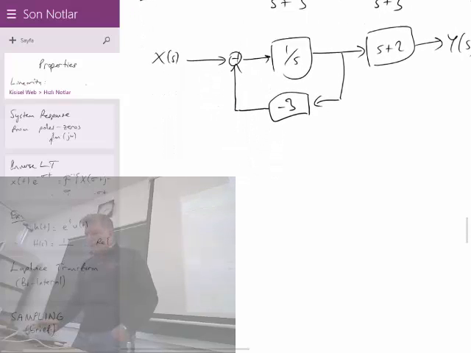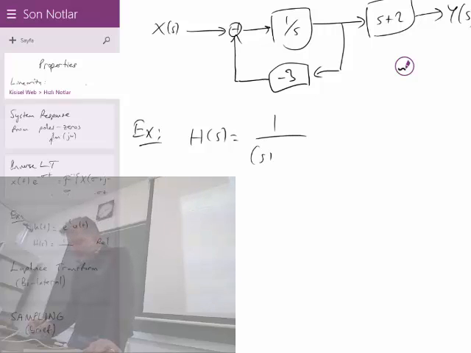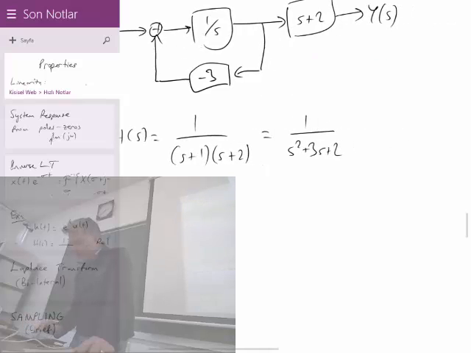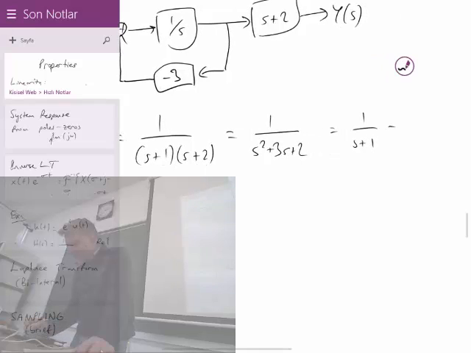Now, let's continue with another example, which is second order. H of s is equal to 1 over (s plus 1)(s plus 2), which is equal to 1 over s squared plus 3s plus 2, which is also equal to 1 over s plus 1 minus 1 over s plus 2.